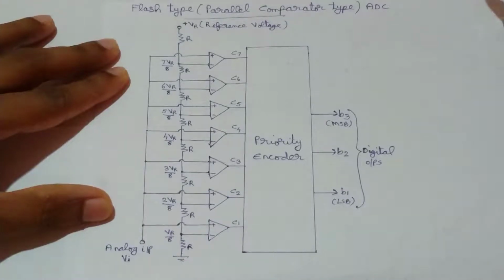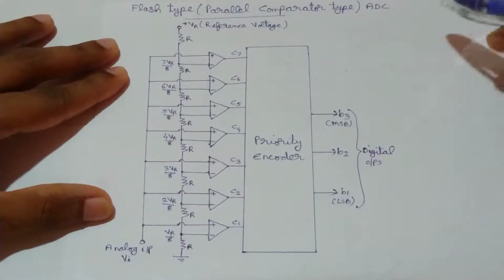Then to convert an analog signal into a digital signal of n outputs, 2 raised to n minus 1 number of comparators are required. For example, a 2-bit analog to digital converter requires 2 raised to 2 minus 1 number of comparators.